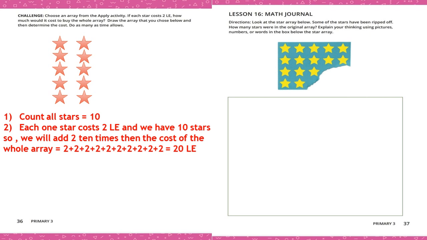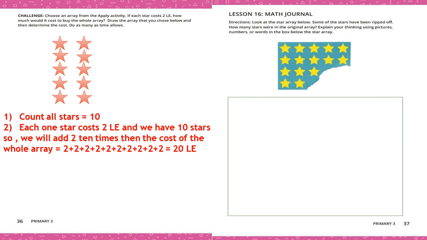The cost of the whole array: 2 plus 2 plus 2 plus 2, 10 times. Then the cost equals 20 LE. It's like skip counting by 2: 2, 4, 6, 8, 10, 12, 14, 16, 18, 20.